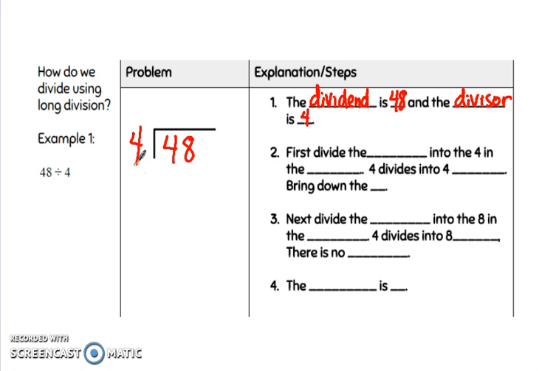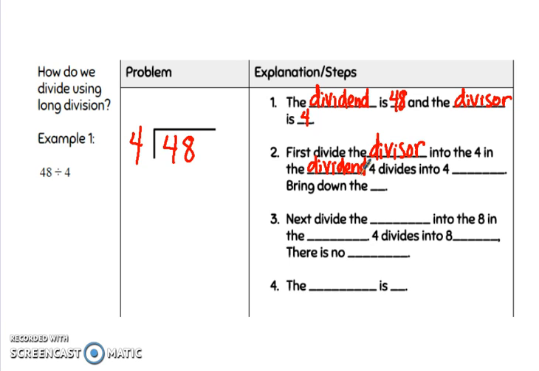First thing we do is first divide the divisor into the 4 in the dividend. So let's do that. The divisor into the 4 of the dividend.